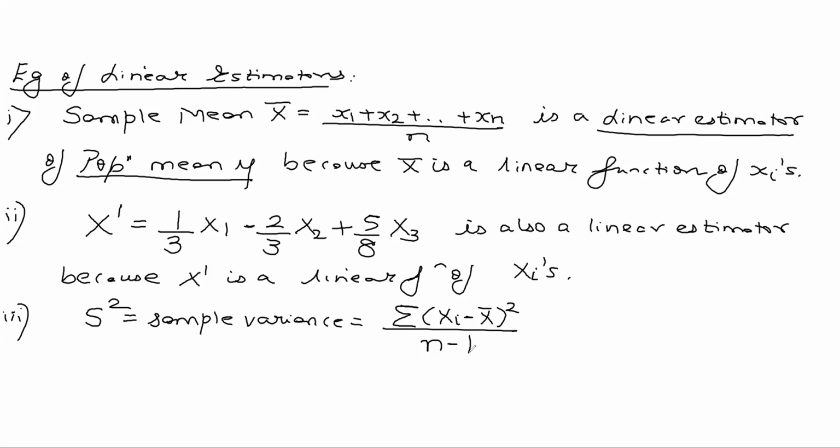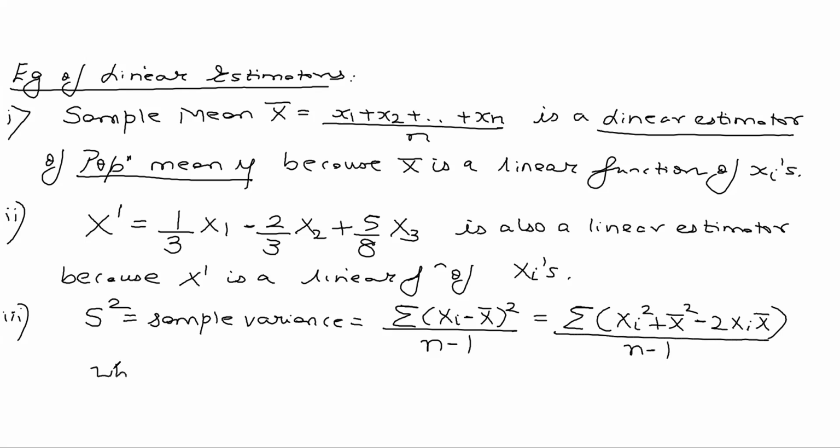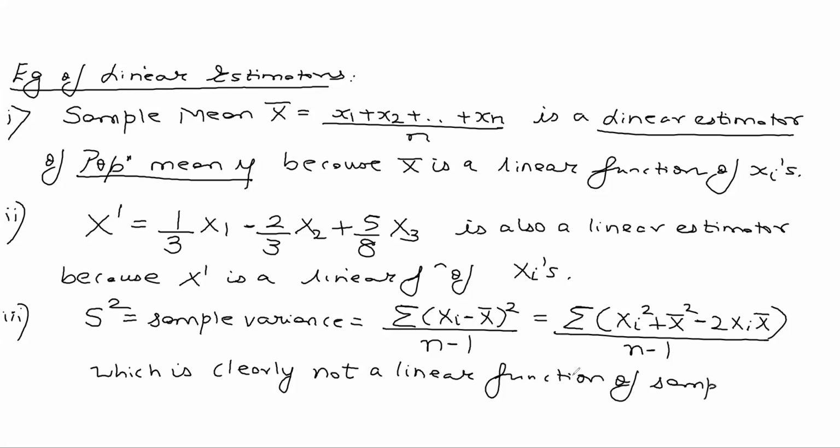So you can see that the sample variance is this, which I can further write using (a minus b) square is a square plus b square minus 2ab, all upon n minus 1, which is clearly not a linear function of the sample values, that is the xi's.